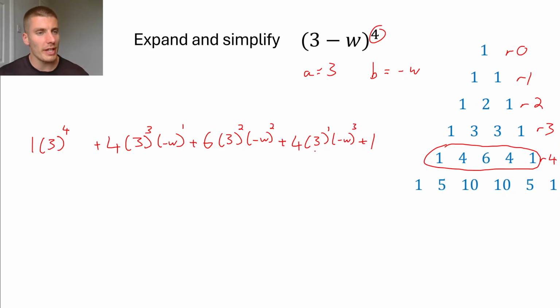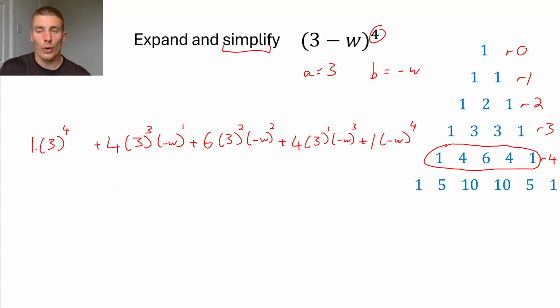Now a, which is 3, reduces again from 1 to 0, and again, anything to the power of 0 just gives you 1, so you just leave it as nothing. And then last but not least, the minus w increases to the power of 4.